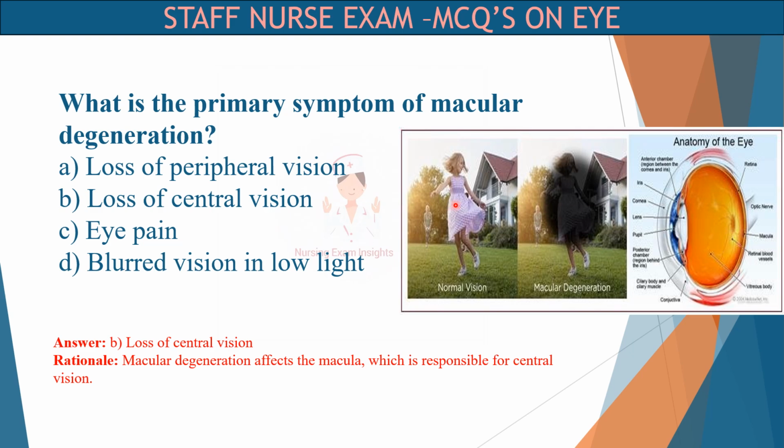If a person's macula is affected, he loses the central vision. Macular degeneration is the number one cause of vision loss in people, especially over the age of 60. To talk about the risk factors, smoking is the number one risk factor, and there are other risk factors too: hypertension, family history, diet lacking carotene and vitamin A.